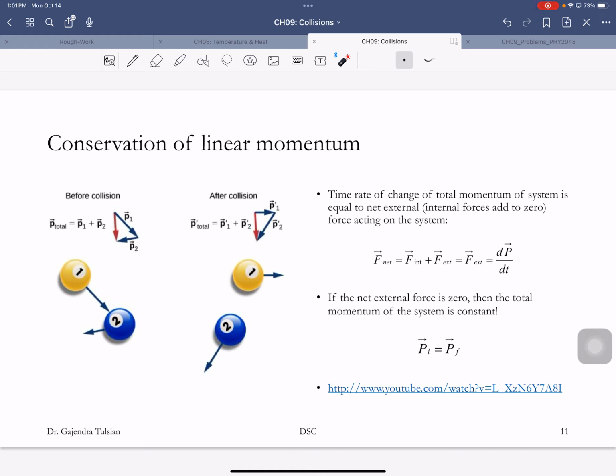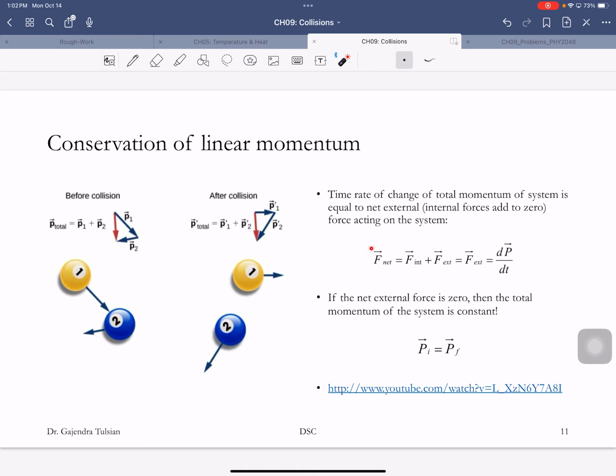And the total momentum remains the same through the entire process. That's conservation of linear momentum. And this is not to be taken lightly. For instance, in this room, there are billions and billions of collisions happening between the air molecules every second. And in every one of them, momentum is conserved.